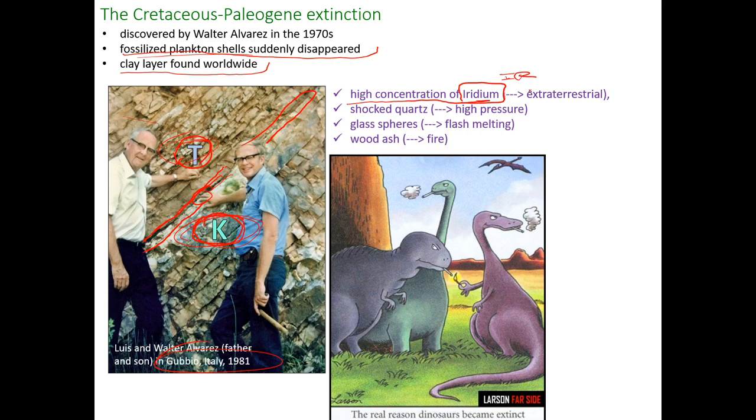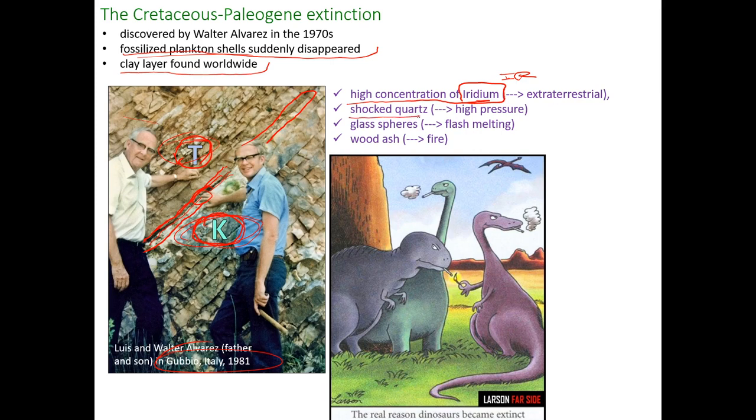Iridium is a very interesting metal. It's extremely rare on Earth's surface. However, it's very abundant in meteorites. So in this thin layer of clay between the Cretaceous and Tertiary, we find a lot of iridium.